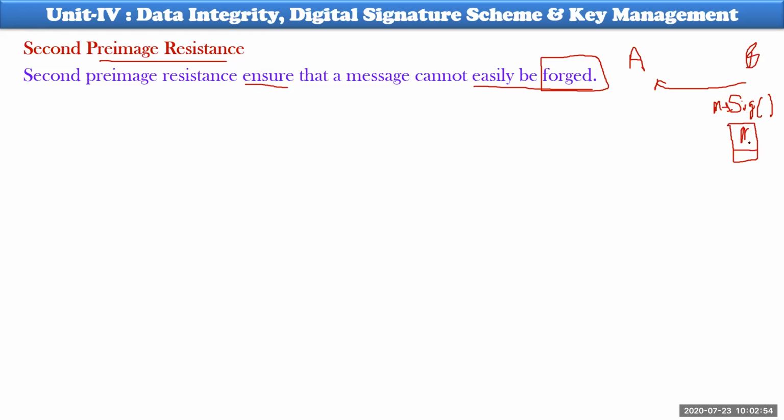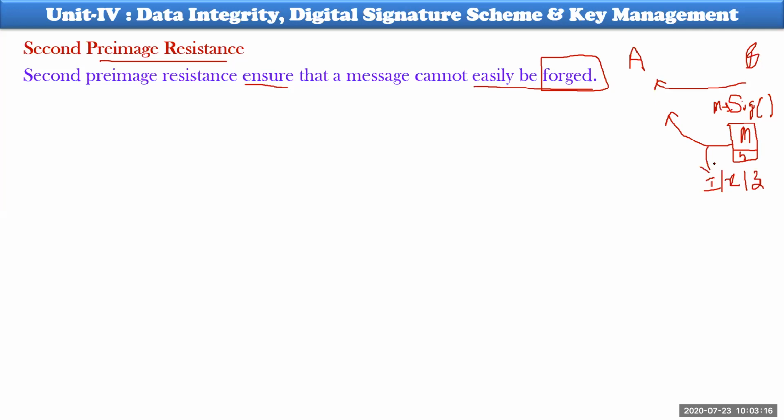This is the message, and this is the hash, otherwise the digital signature. This will be sent to Alice. After receiving this, not only Alice, but people in the middle, the intruder or some X, Y or Z, many people will receive it.